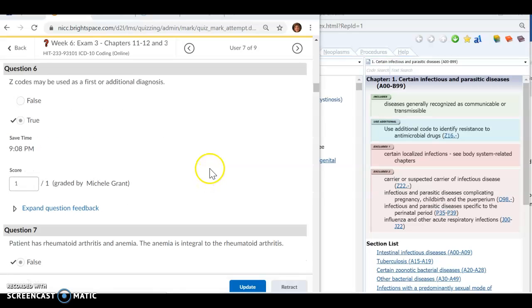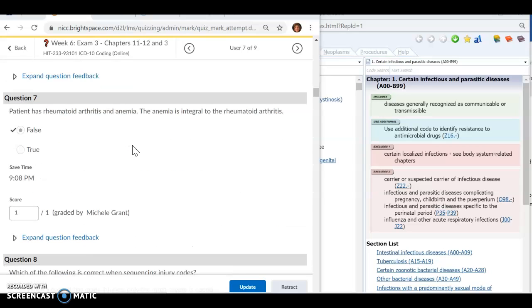Z codes can be used as first or additional diagnosis. That is true. So as principal diagnosis, a Z code is going to be listed first for chemotherapy, radiation. They will be listed as secondary diagnosis for possibly history of. So we'll get more into those scenarios.